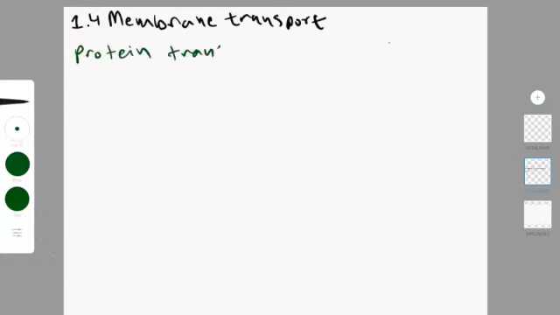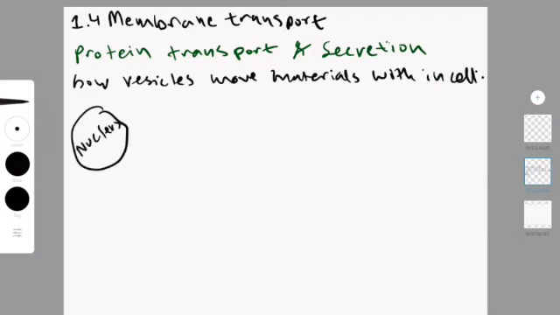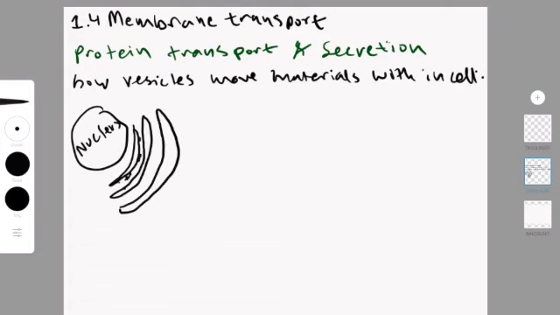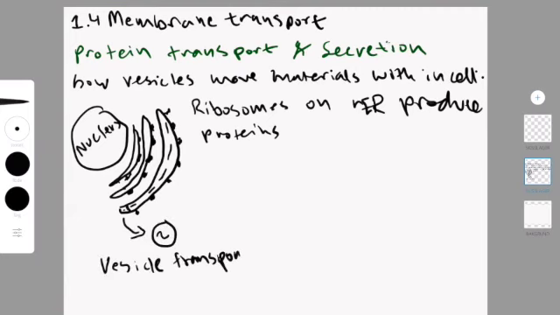So the last part of this chapter is protein transport and secretion. This is how vesicles move materials within cells. Next to the nucleus, the ribosomes on the rough endoplasmic reticulum produce proteins. Then vesicular transport is used to transport the protein to the Golgi apparatus. At the Golgi apparatus, the protein is modified and repacked.